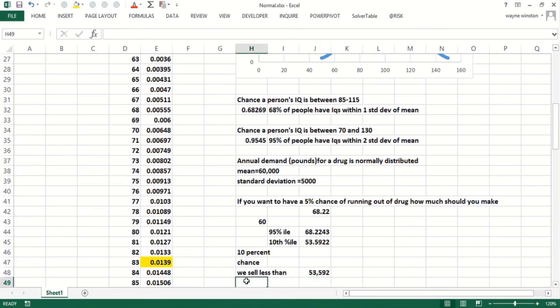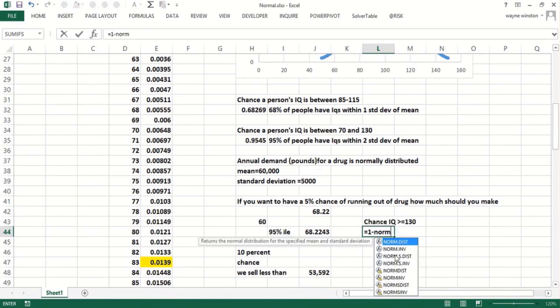Okay, so we can use the NORM.DIST to find probabilities. In other words, what's the chance IQ is greater than or equal to 130, for example? It's 1 minus the chance that somebody's IQ is less than 130. Again, that NORM.DIST function will do that.